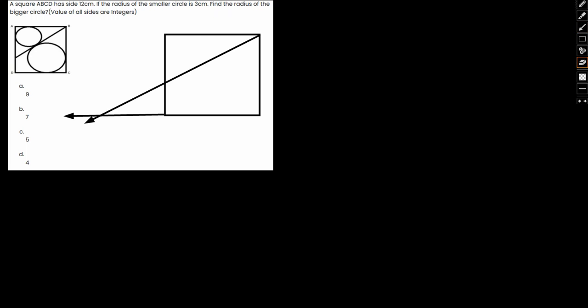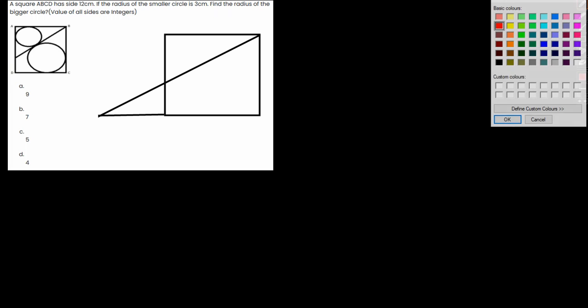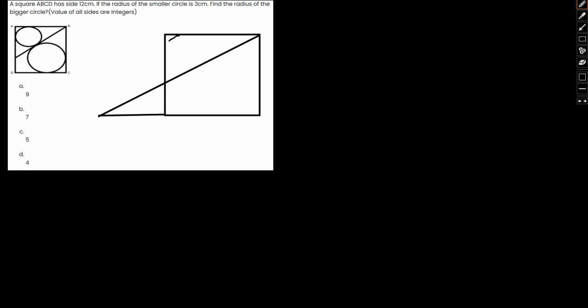So see, this is a triangle. I've extended this part over here, and here we have two circles. Say this is my first circle, and this is my second circle.